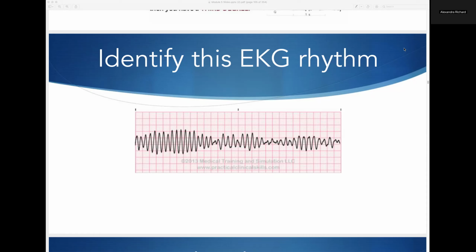Close. Oh, wow. Okay. So we've got some good choices. So some of you said ventricular fibrillation. Someone said SVT. Someone says torsades de pointes.